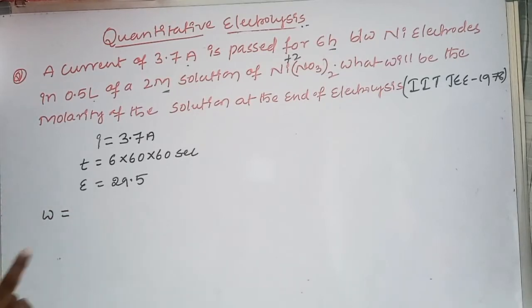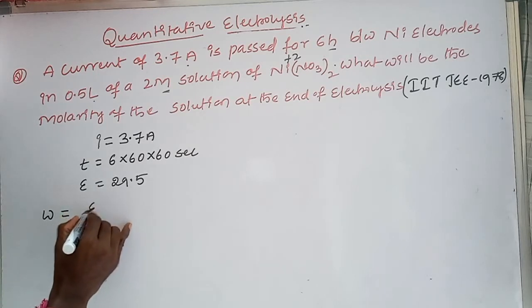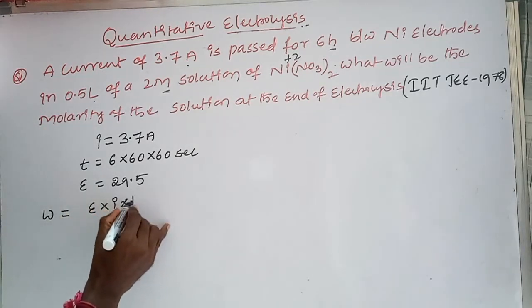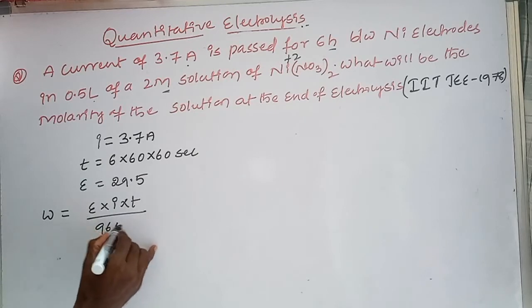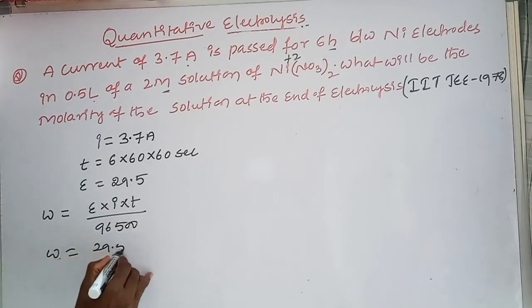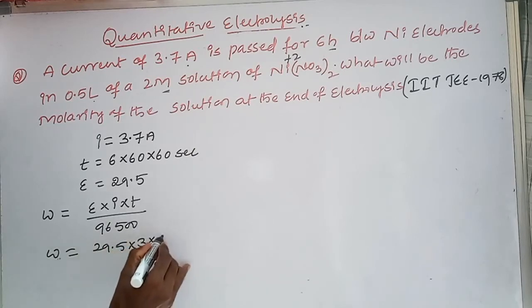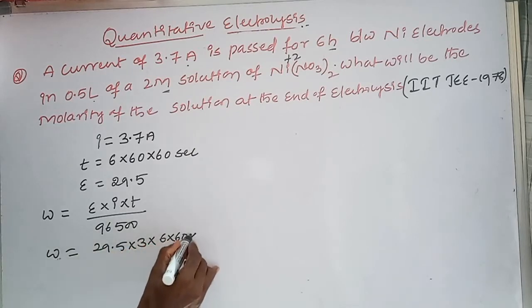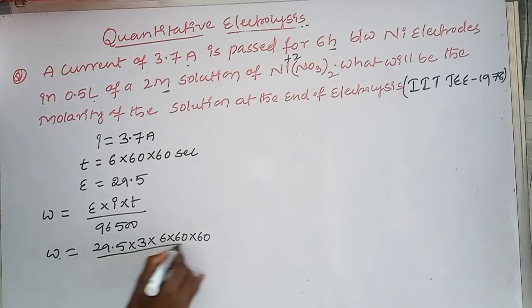What is the weight of nickel deposited on the electrode? Here weight equals E into I into T by 96,500. Then weight equals 29.5 into 3.7 into 6 into 60 into 60 by 96,500 coulomb.